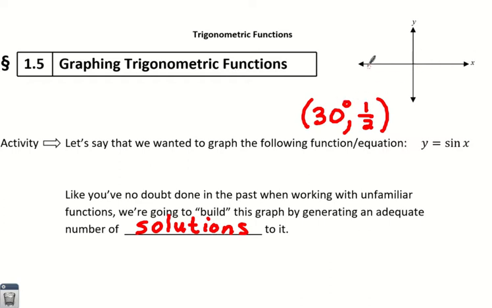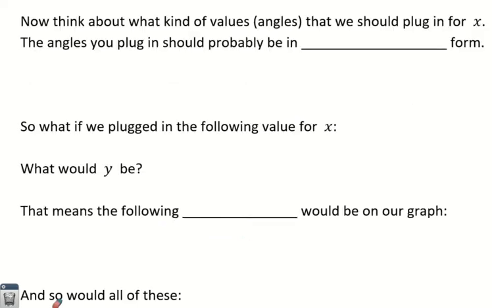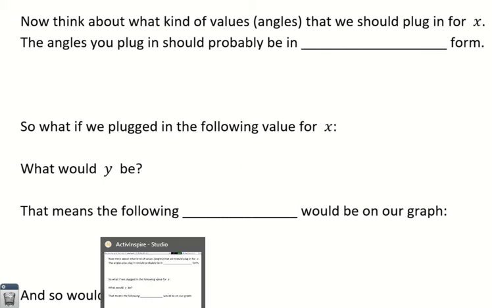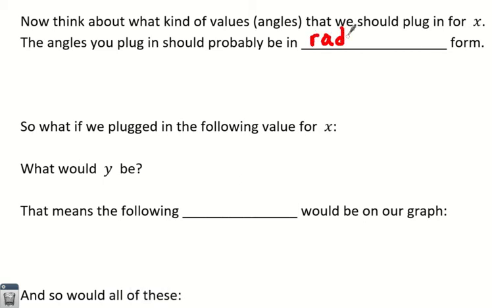Where is 30 degrees on the x-axis? I don't know. I do know, but the x-axis is not really in degrees. So that basically leaves radians.